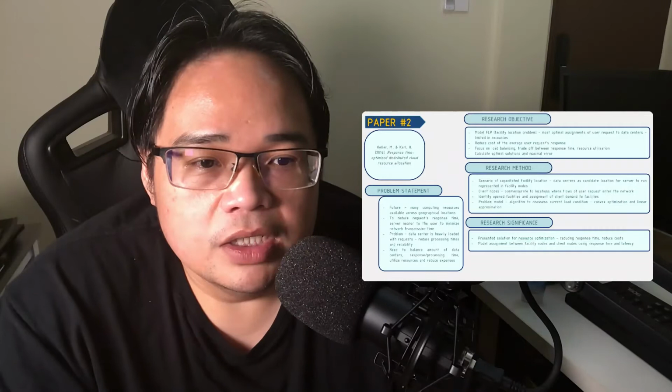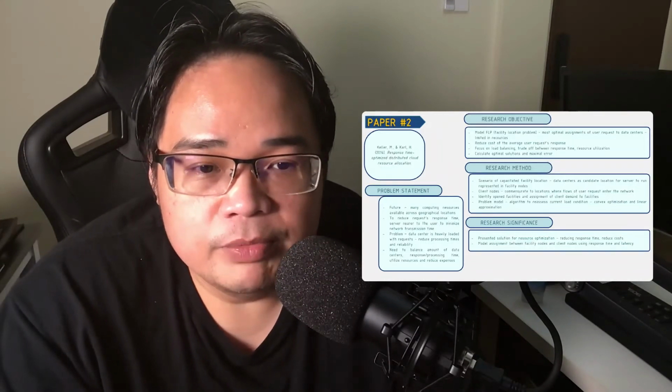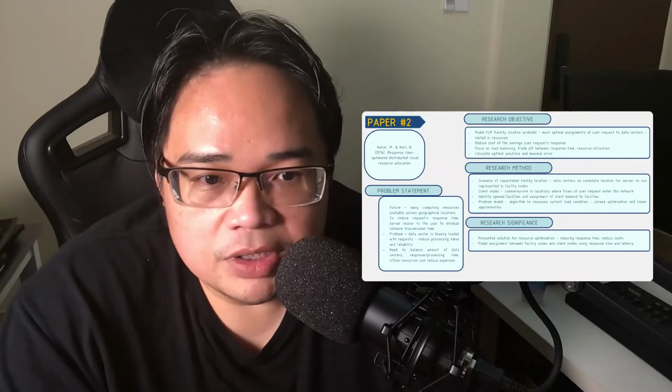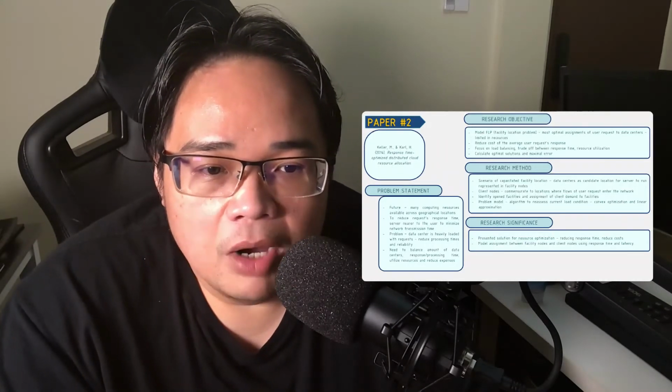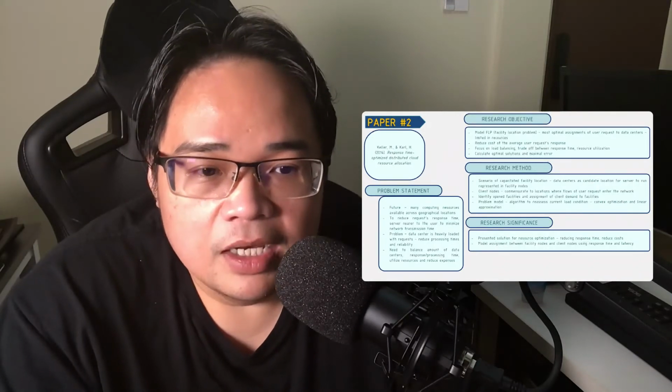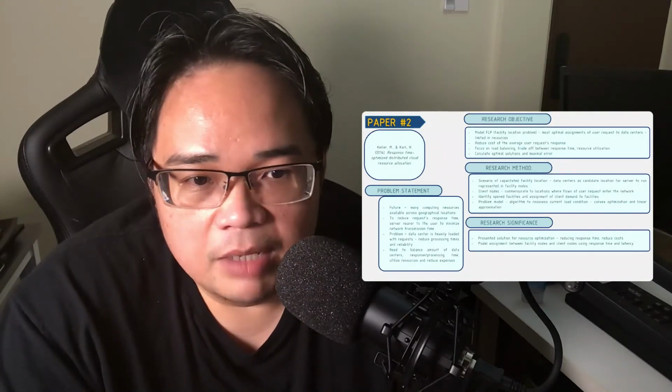To reduce request response time from the consumers, servers nearer to the user minimize network transmission time. The problem is that the data center is heavily loaded with requests, reducing processing times and reliability.